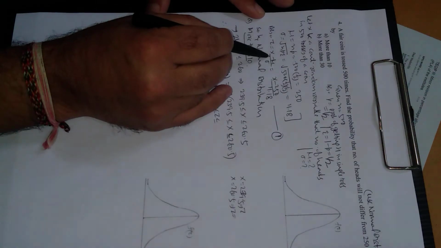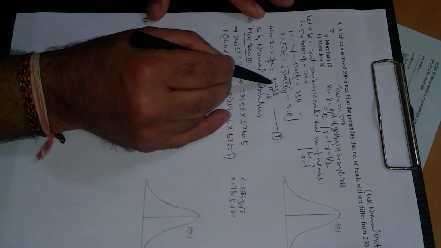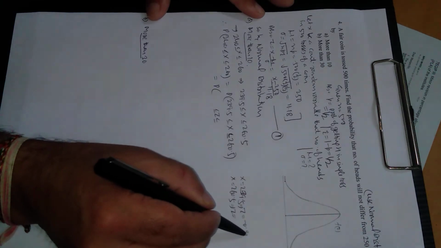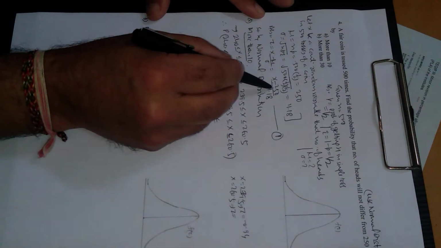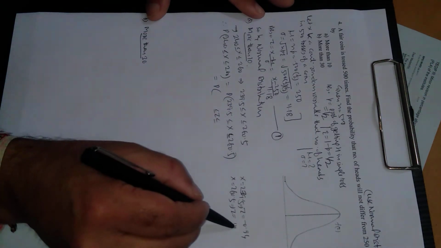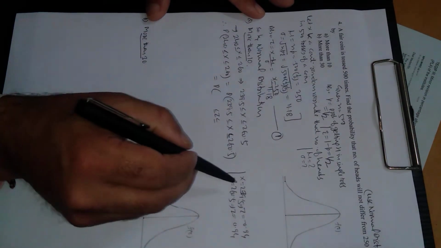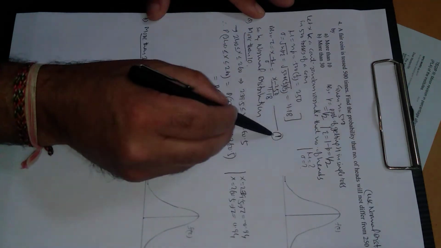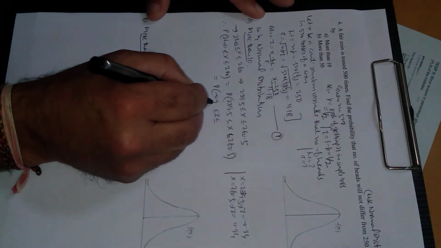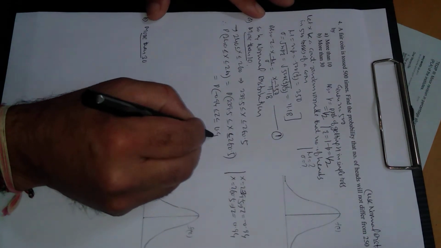When x is 239.5, using this expression, z will be minus 0.94. Now put x as 260.5 in this expression, z is positive, so this will come out to be 0.94. So in terms of z, the probability is from minus 0.94 up to 0.94.